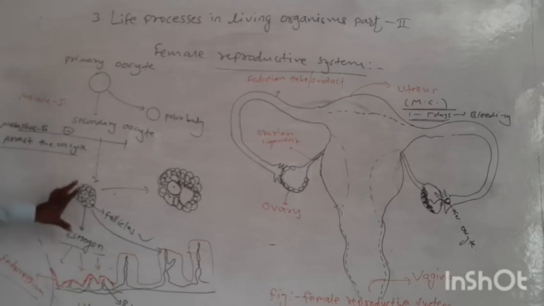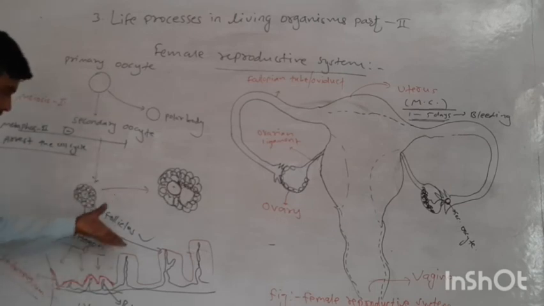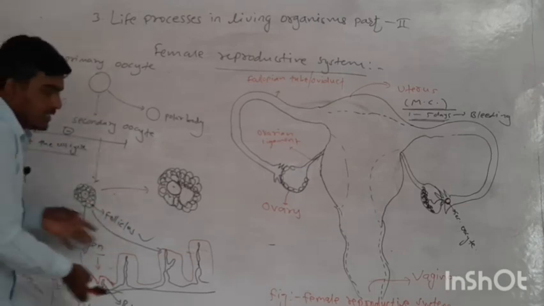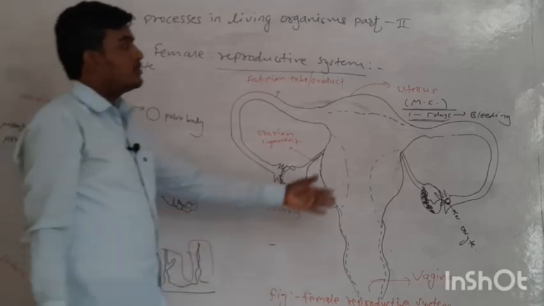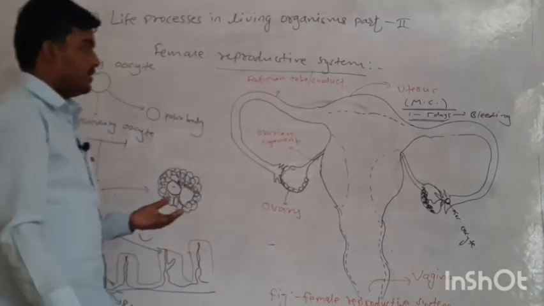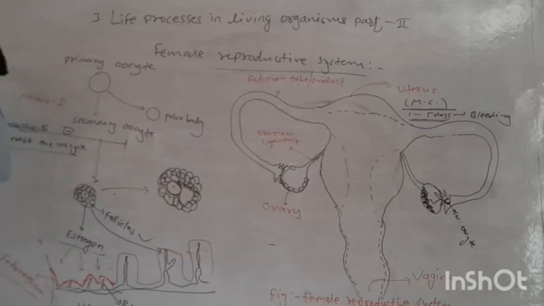Both processes are occurring simultaneously, in the same manner. Here ovulation is occurring, and within the uterus there is preparation for nourishment. Now, in the next step, what happened.